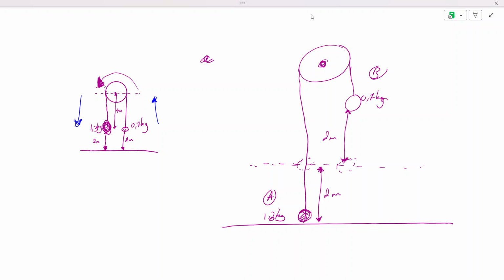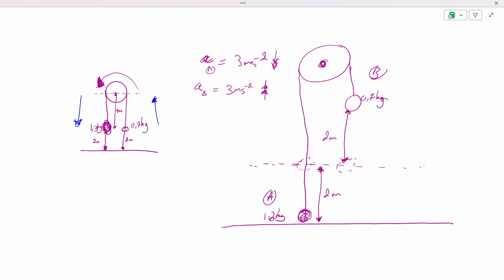When mass A moved down the plane, it had an acceleration of 3 meters per second squared downwards. At the same time, mass B has the same acceleration of 3 meters per second squared, but in the opposite direction.